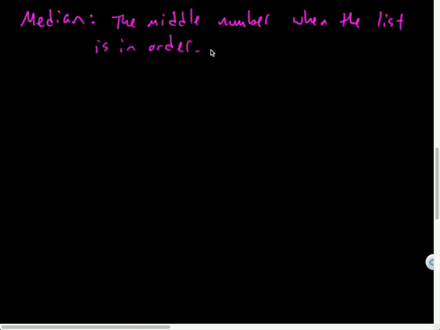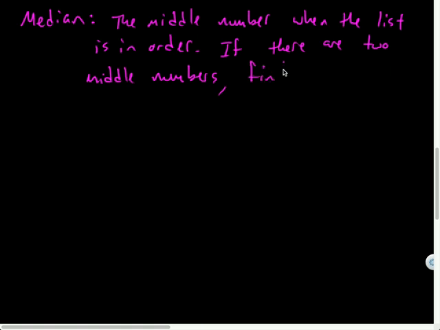And then there's an if: if there are two middle numbers, what do we do? Find their mean, or just add them together and divide by 2. Because it'll always be between the two numbers, so that would always work. So finding the median of a list is not terribly difficult.